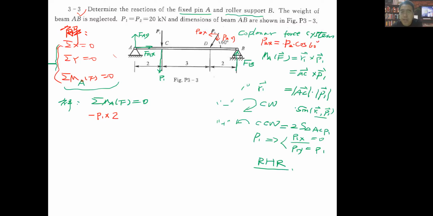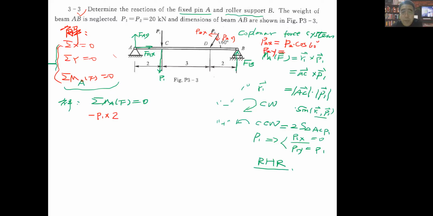You can also just write its value, because you know its direction here, so you can use its direction to figure out what its moment to point A is. And P2Y should equal what?